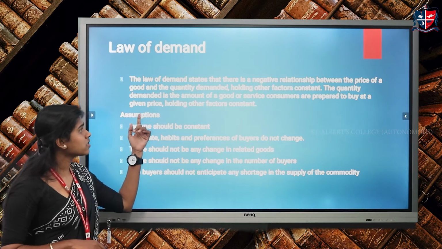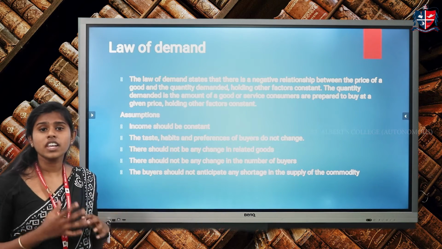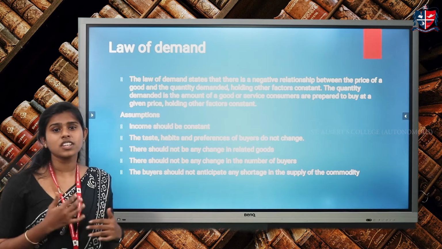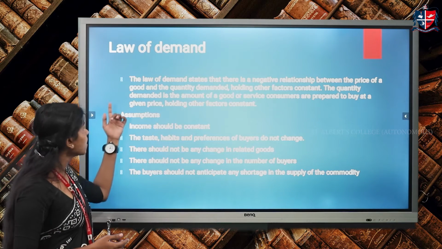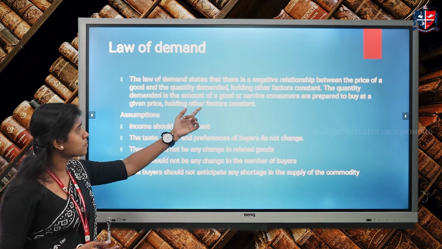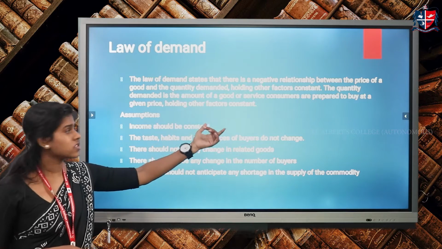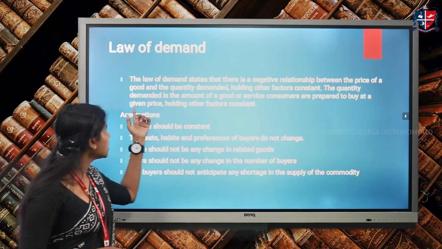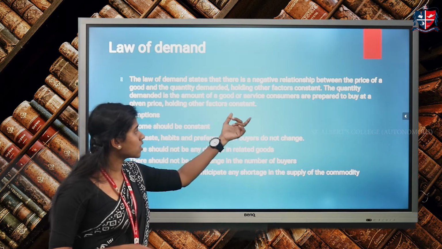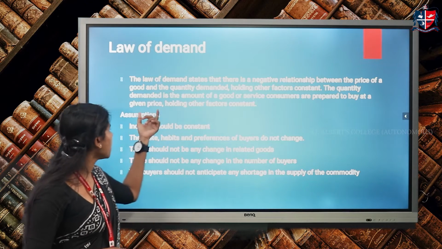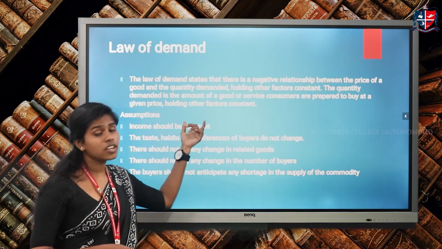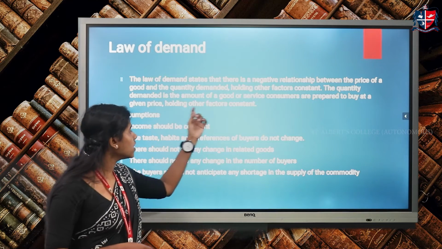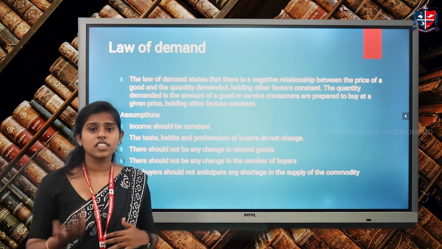So the law of demand states that there is a negative or inverse relationship between the price and demand for a commodity. The price of a good and the quantity demanded are negatively or inversely related, holding other factors constant. The quantity demanded is the amount of goods or services consumers are prepared to buy at a given price, holding other factors constant. Here, the other factors refers to factors other than price.